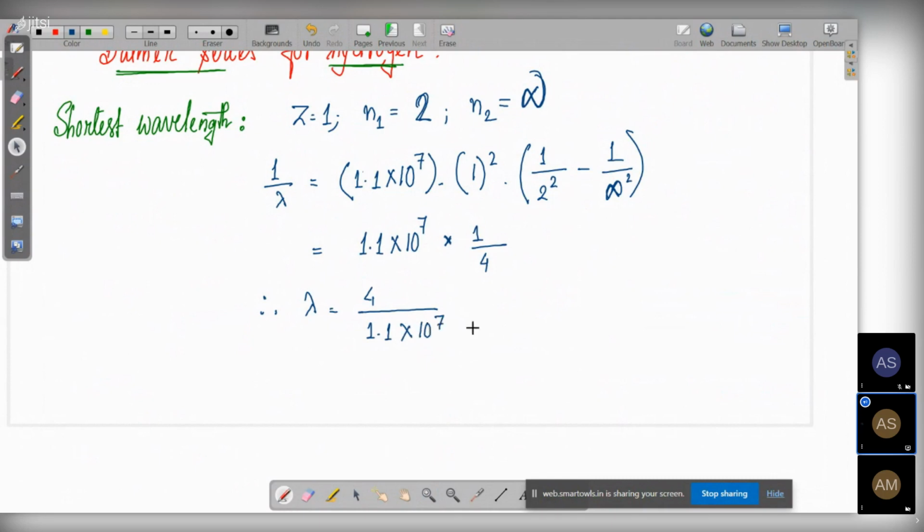If we do the calculation, it will come at around 3.6 into 10 to the power of minus 7 meter. So this is the wavelength for the shortest wave.